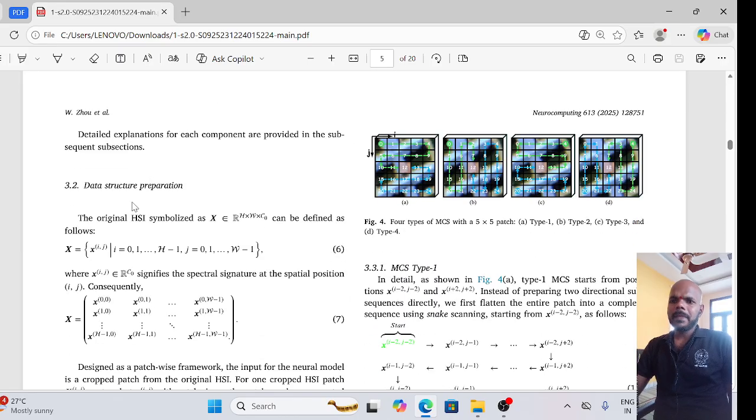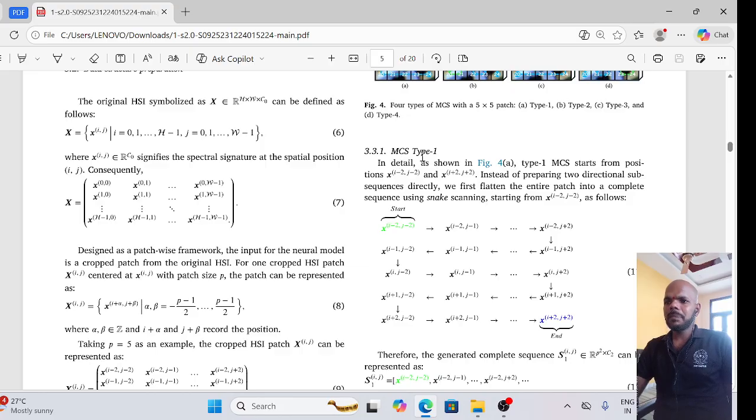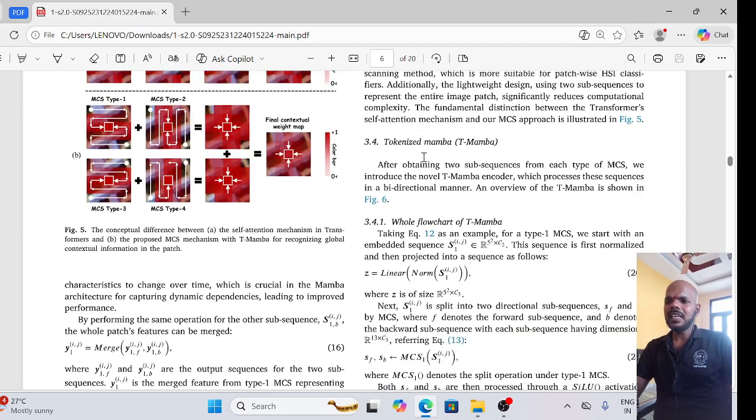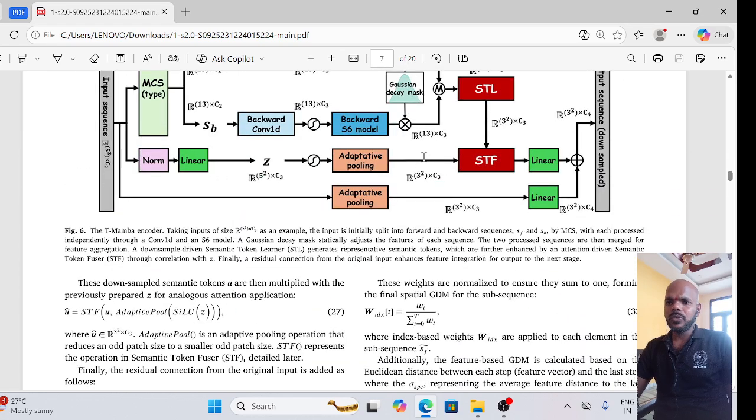Next, data structure preparation. In this section they are discussing what kind of data they used for their proposed model and how they are preparing it. In step number 2, the centralized Mamba cross MCS model, MCS components, they discuss the second component of their proposed model. Like this, they discuss 3.3 and everything in the proposed model, each and every component, right?